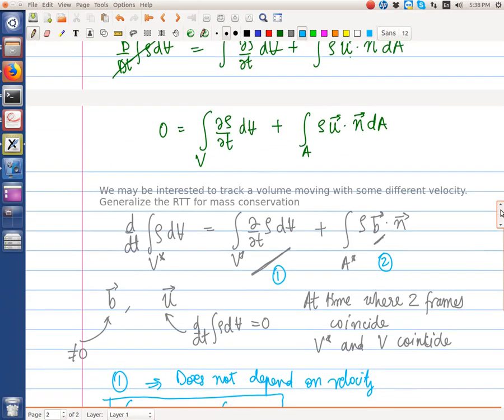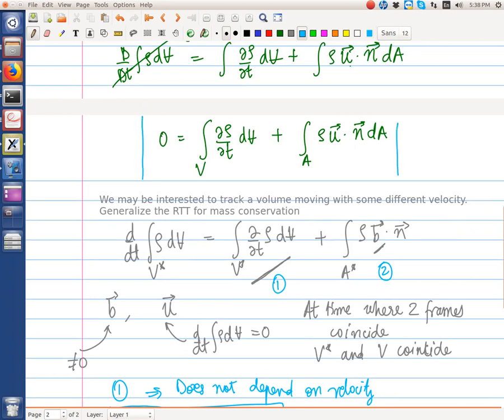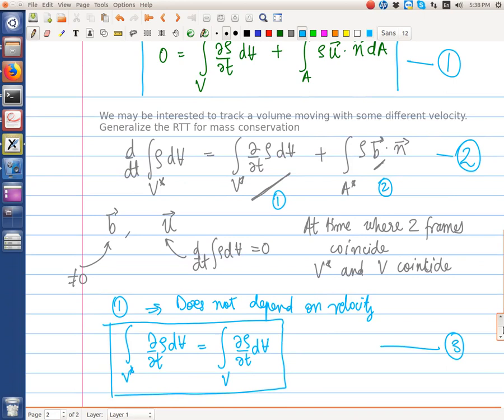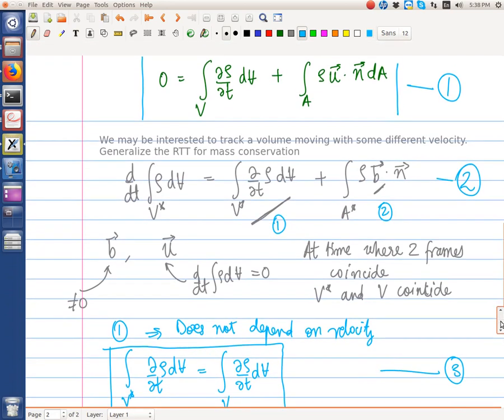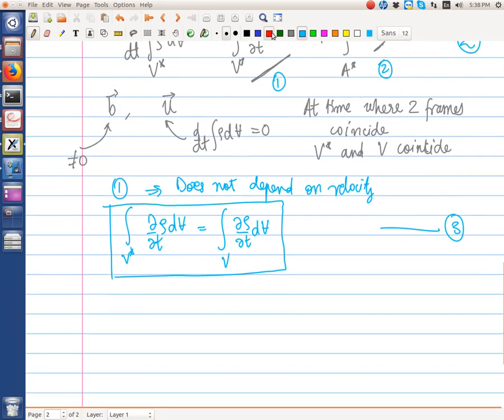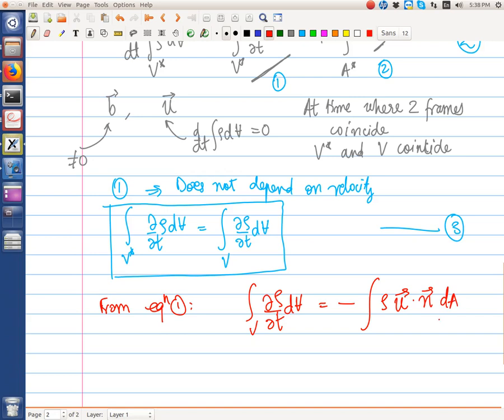So if I call this equation 1, this equation 2, and this equation 3, I can substitute the value of del rho/del t at V. Let's write down from equation 1: integral over V of del rho/del t dV is equal to minus integral rho u dot n cap dA.